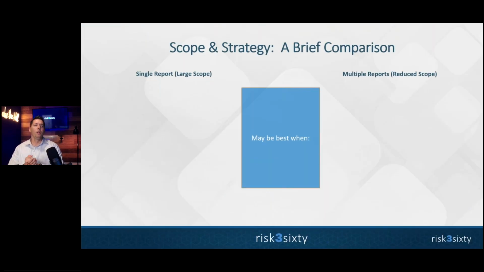All right, so what we'll do here is we'll look at a few attributes on the left and right hand side here where we consider, when may it be best to have a single report with a larger scope, or when may it be more appropriate to have multiple reports with a reduced scope. So I'll just build this slide as we talk through it.